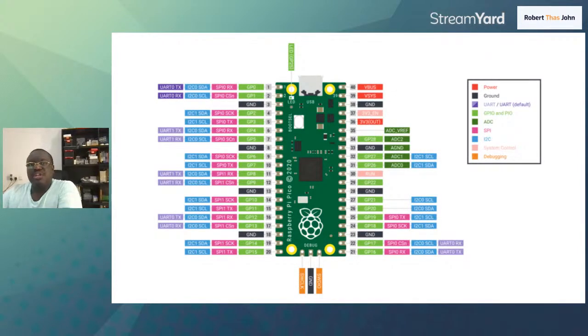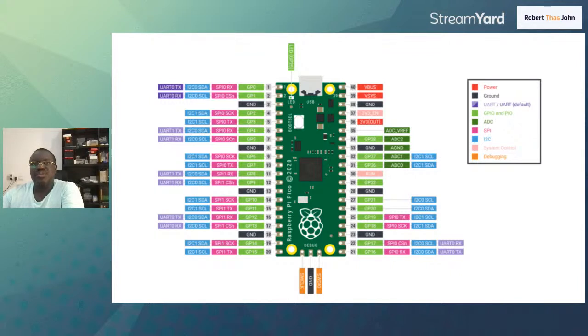Now, because microcontrollers rely on pins for their input and output, it's important to understand those pins. And so usually microcontrollers come with something that is called a pinout diagram. And the pinout diagram tells you how many pins there are and what you can use them for.